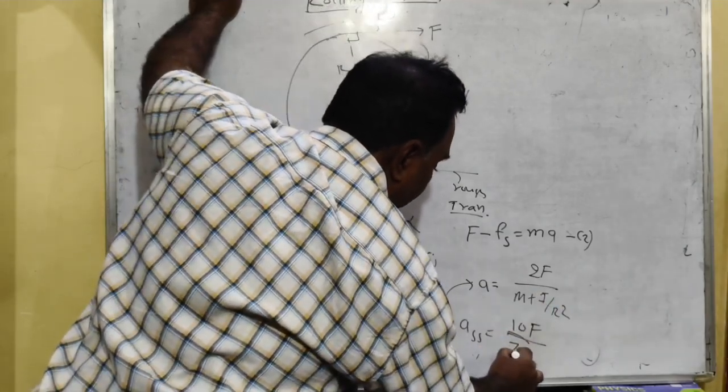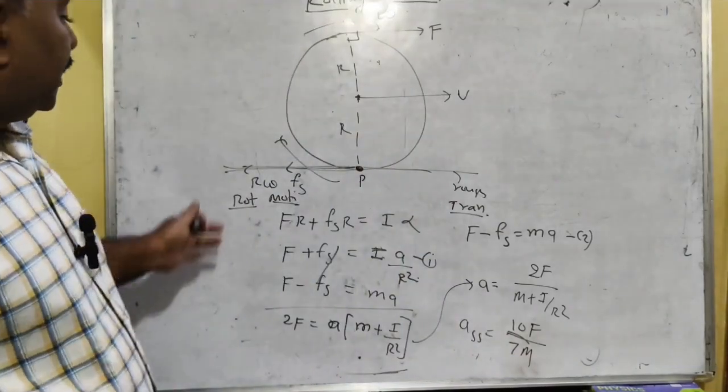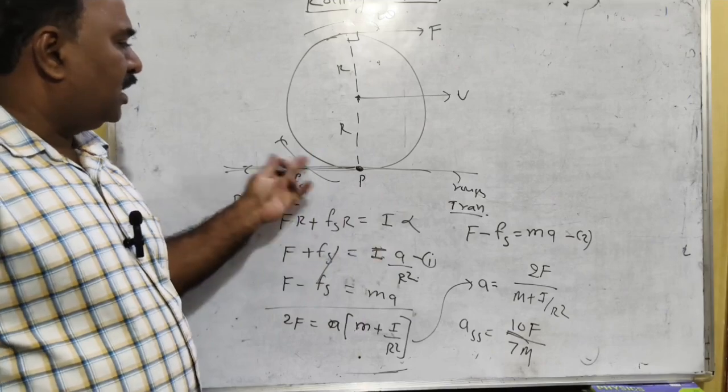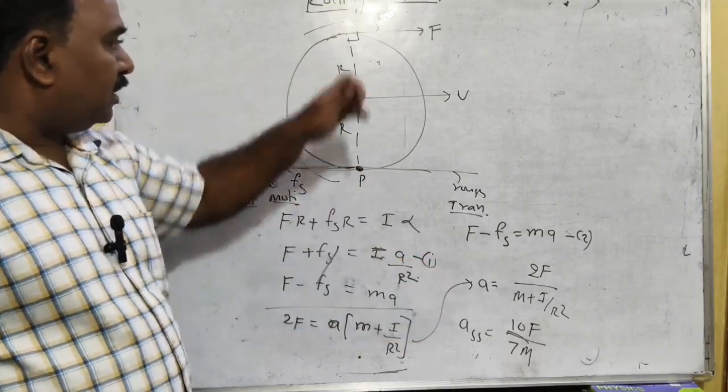That's why here we will get 7m. So in this way, whether they are asking for a solid sphere, disc or hollow body, whatever it may be, substitute the moment of inertia and get the acceleration of the body.